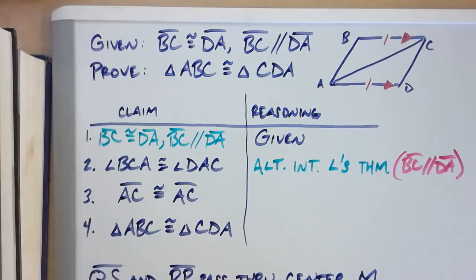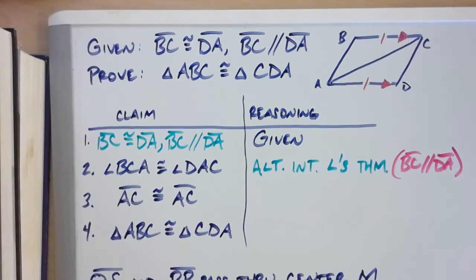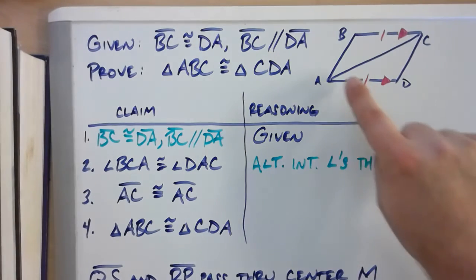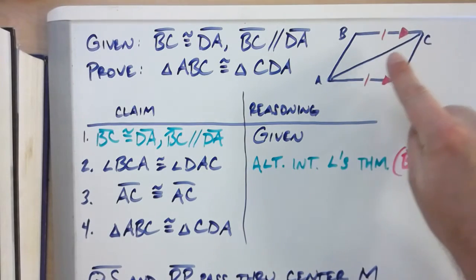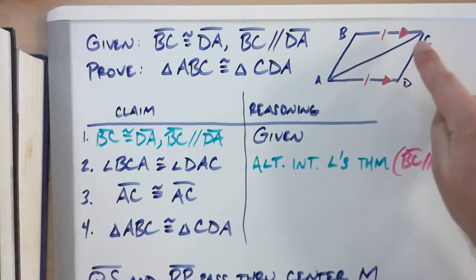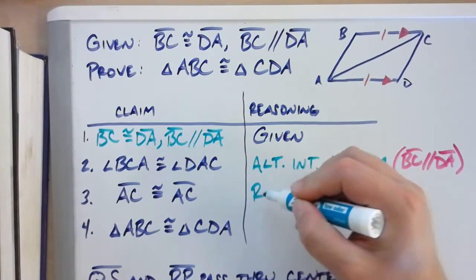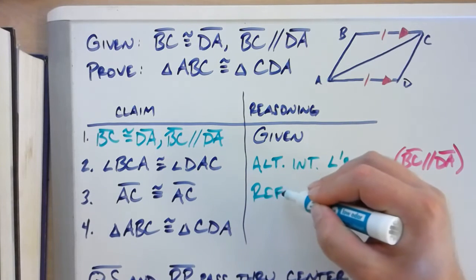But AC is congruent to AC, and this seems like a very dumb thing to say. Obviously, something is congruent to itself. Obviously. But why did I take the time to say that? AC is congruent to itself. There's a stupid property that makes that true, and we call that stupid property the reflexive property.